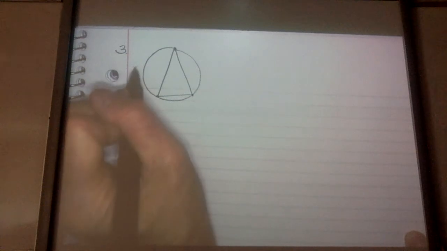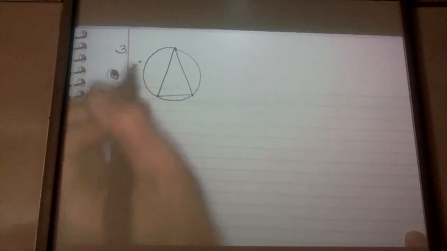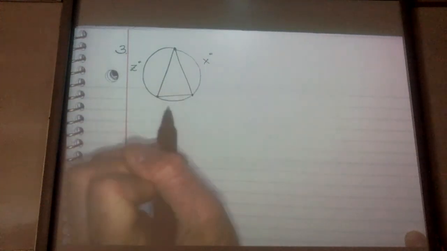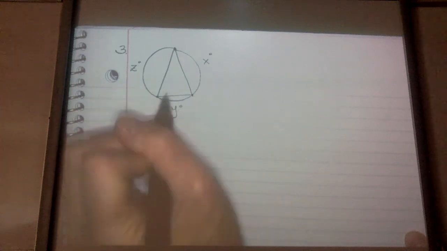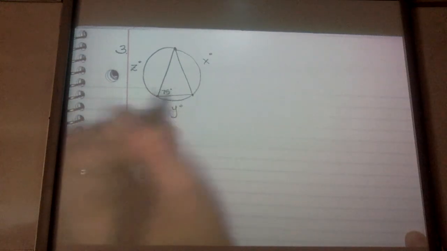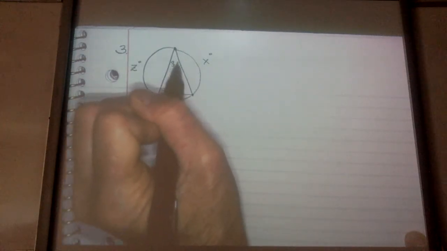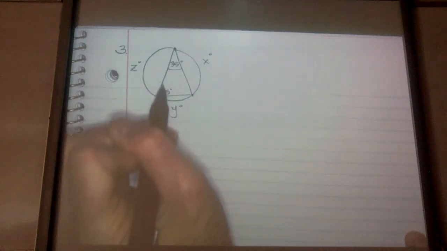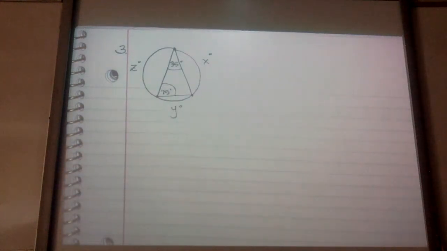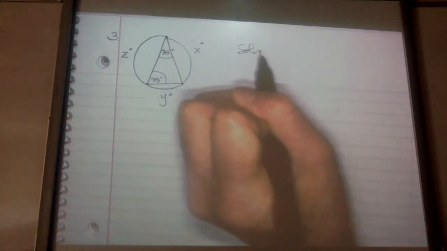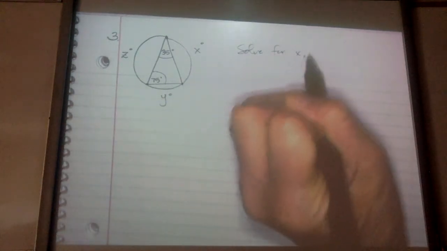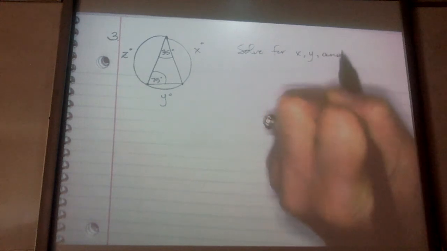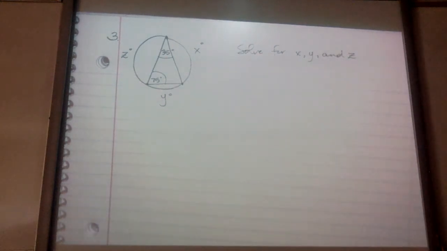And I'm going to label this arc here Z degrees, X degrees, Y degrees. This is 75, and up here is 35 degrees. All right, so they would like me to solve for X, Y, and Z. Now I'm going to just start with x.